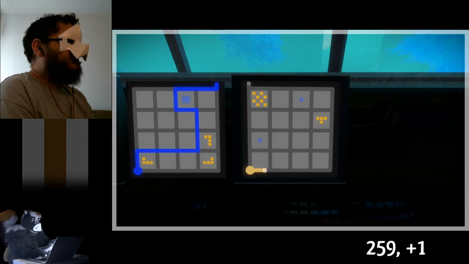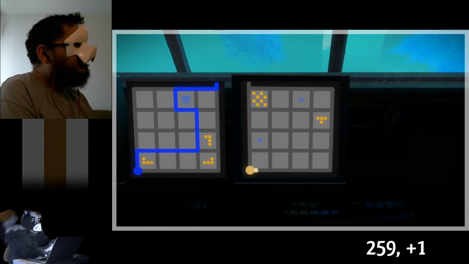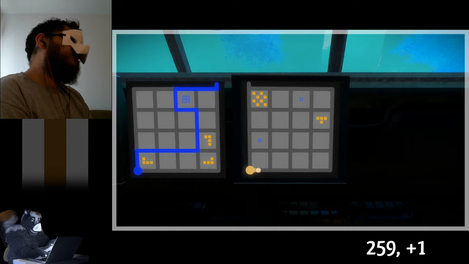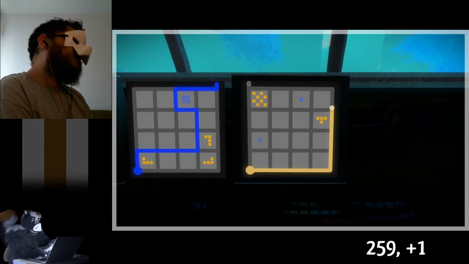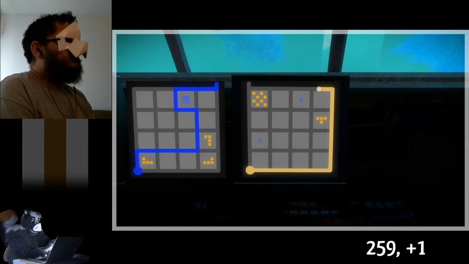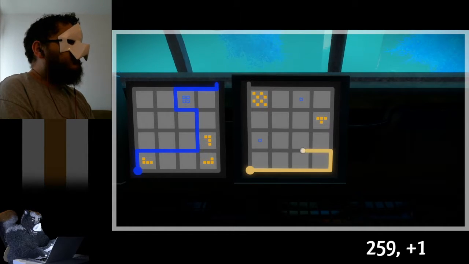checkerboard pattern to which we can overlay a T block, which we're going to treat as... ooh, that's just ugly.